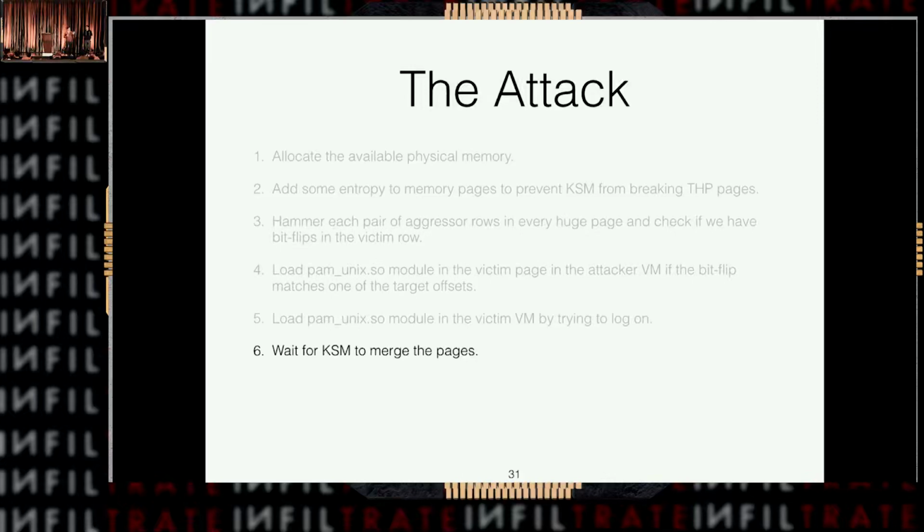This is quite quick. In our tests, it takes an average of 5 minutes, so you just have to wait. We will see later that we have some tools to detect that KSM has merged the pages. Once you are sure, or once you have waited long enough, you just have to hammer again. This is quick, and then you just enjoy.